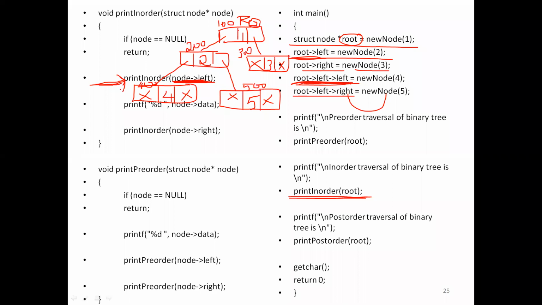It calls this function again because you are writing a recursive function. Print in order, what are you passing? Node left. What is the value of this node left? Someone is saying 2, someone is saying 4. No, that's wrong. Up to this is fine, no?